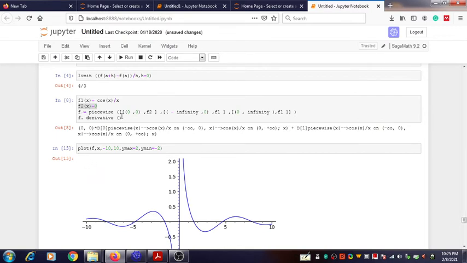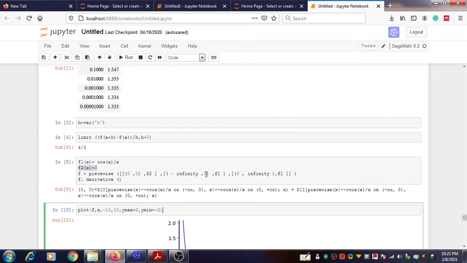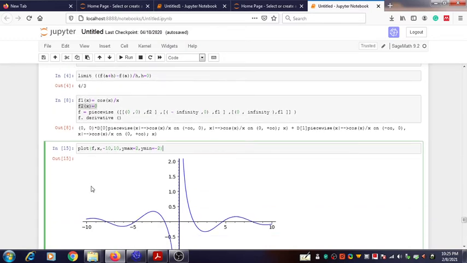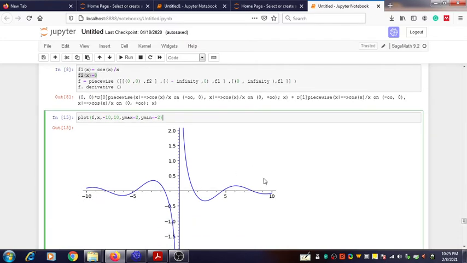Since f is defined as that combined function, you can use this command to plot. We want to plot f. See, this command plots the function f, which is given here, with respect to x, considering the variable x in the range of variation from minus 10 to plus 10, and y maximum equal to 2 and y minimum equal to minus 2.